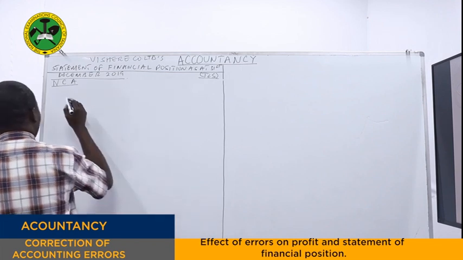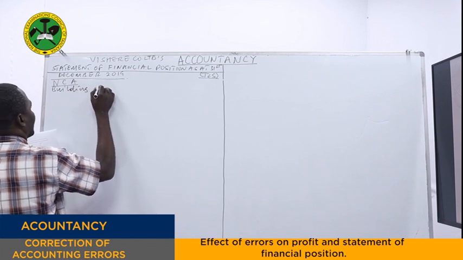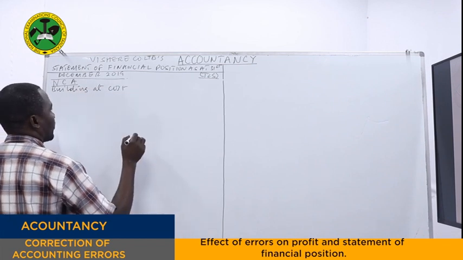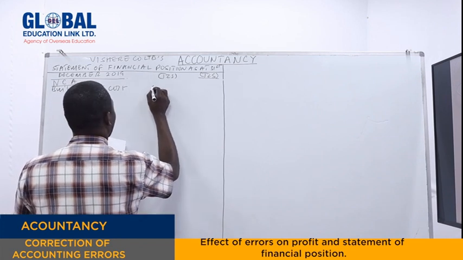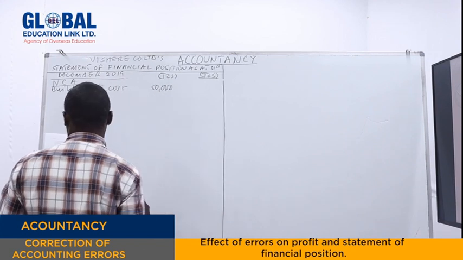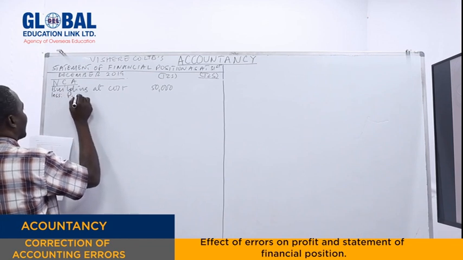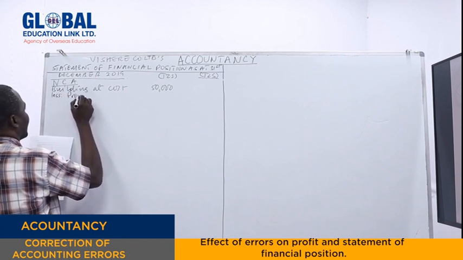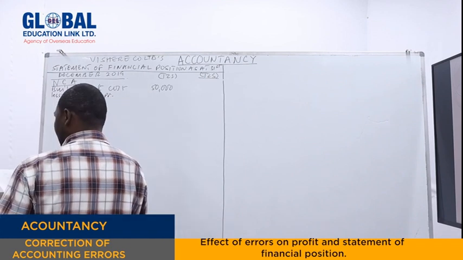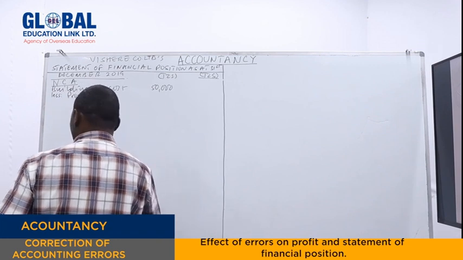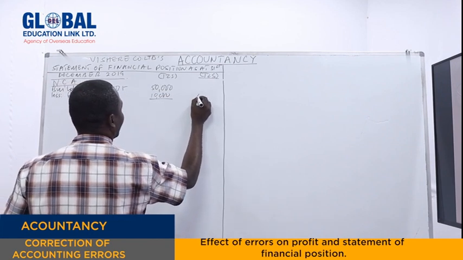We have building at cost. Building at cost was 50,000. So less provision for depreciation. Provision for depreciation for the building was 10,000, making a total of 40,000.